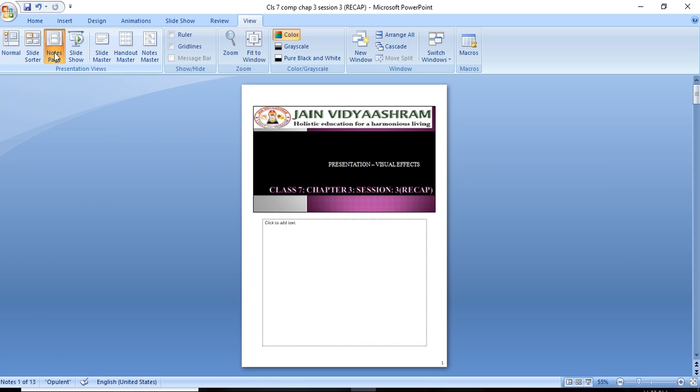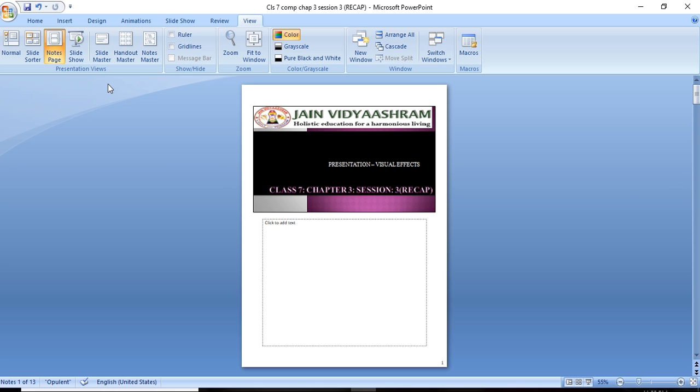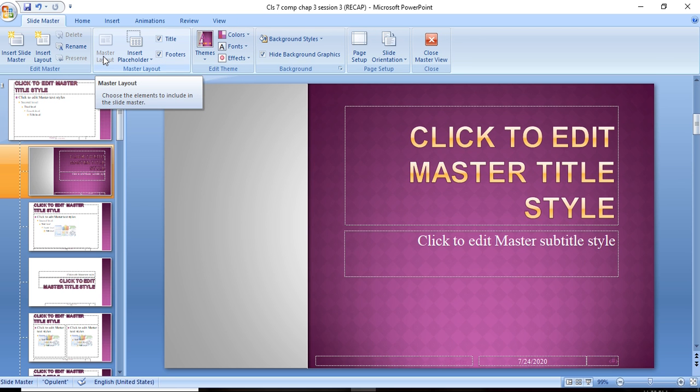This is notes page view. You can enter any notes for the slide. And this one is slideshow view. By clicking the button, you can get the slideshow. This is slide master view. You can make a global slide.